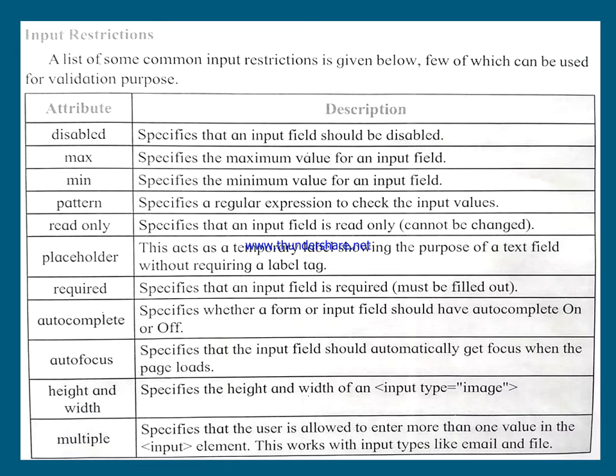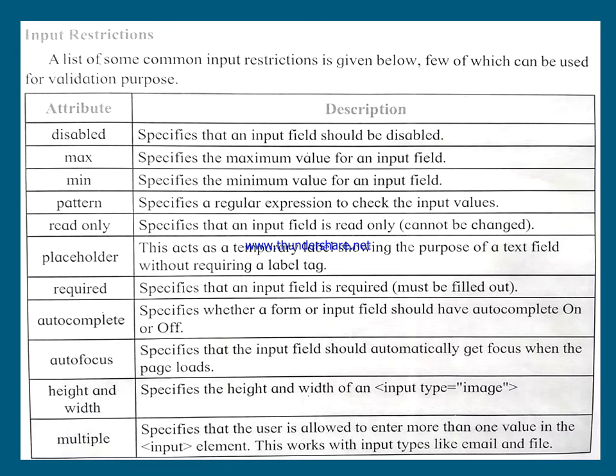Autofocus. Autofocus specifies the input field that should automatically get focus when the page loads. Means suppose you have 4 text boxes in your form, and whenever that form is loaded in a browser application, I want to set the cursor, that is focus, to the 4th element.